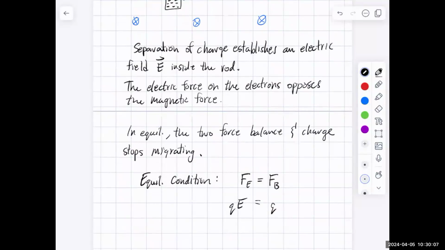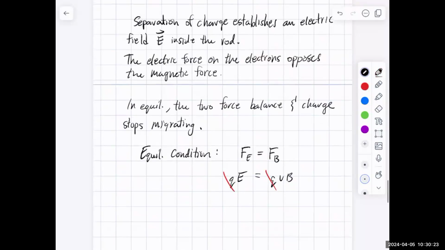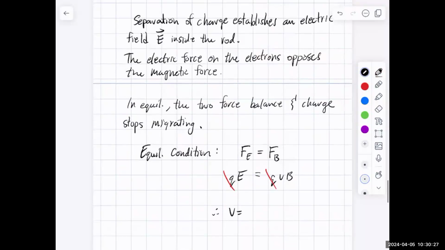And we wrote down that the magnetic force has a magnitude of QVB. And a nice thing happens here, we can cancel the Q on both sides. And we end up with a condition that's a little bit familiar. We have, therefore, that V is equal to E over B.